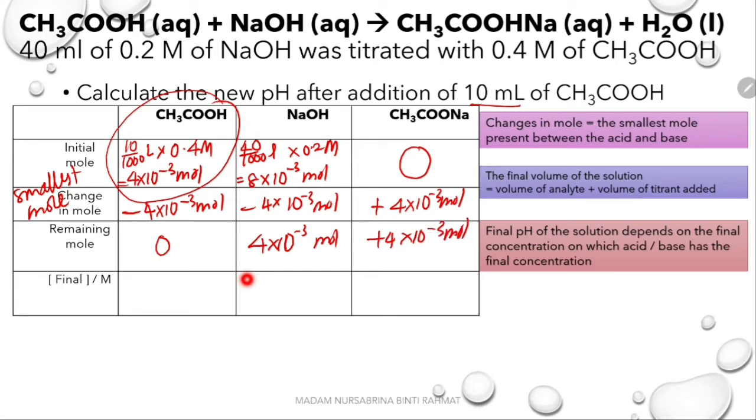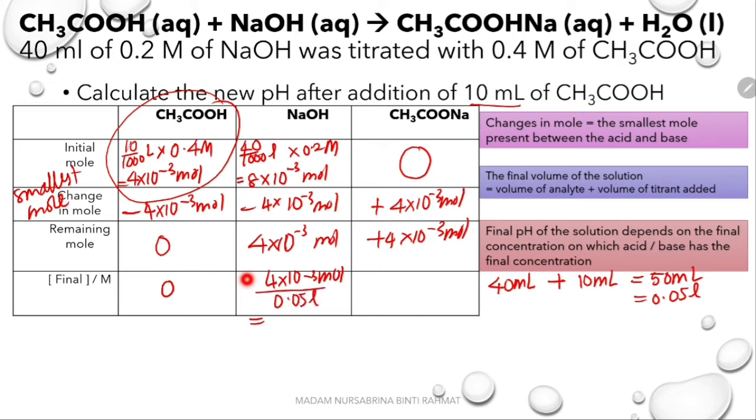Okay, so we have 40 milliliters of my NaOH plus 10 milliliters of added ethanoic acid. So the final volume of the solution is 50 milliliters, which is equal to 0.05 liter. So the final concentration of NaOH is 4 times 10 to the power negative 3 mole divided by 0.05 liter.